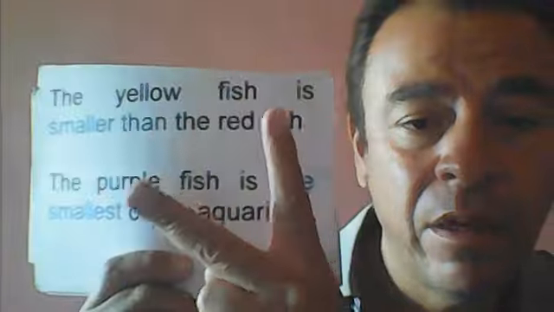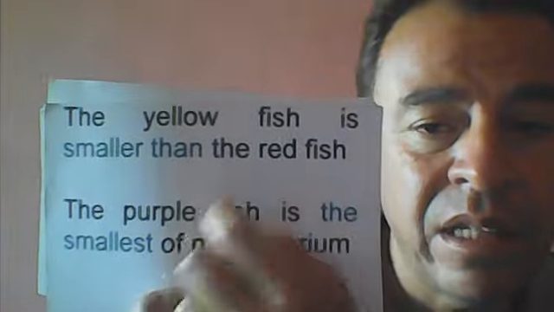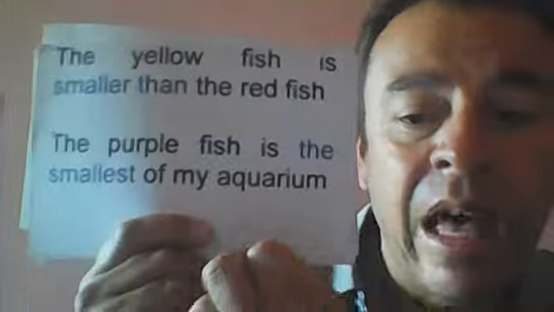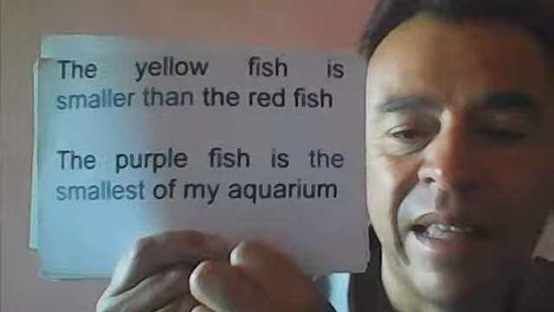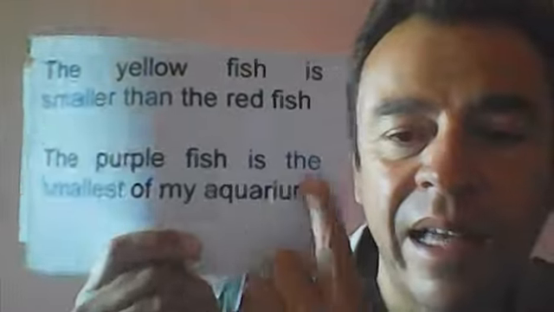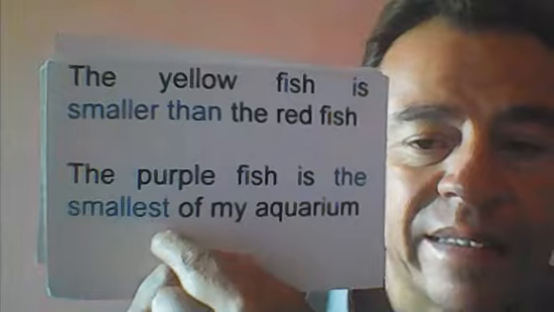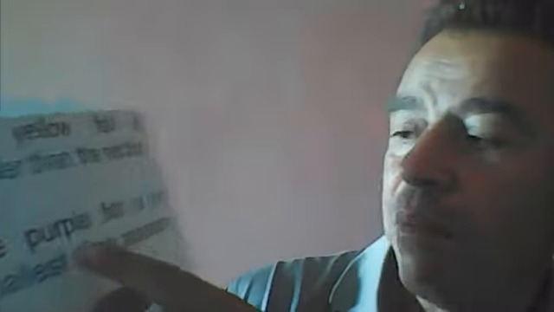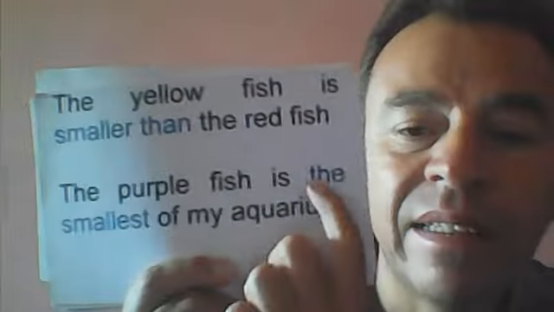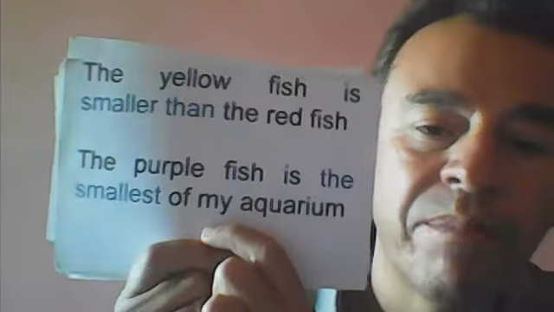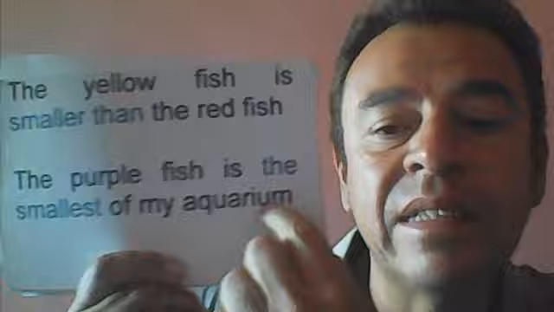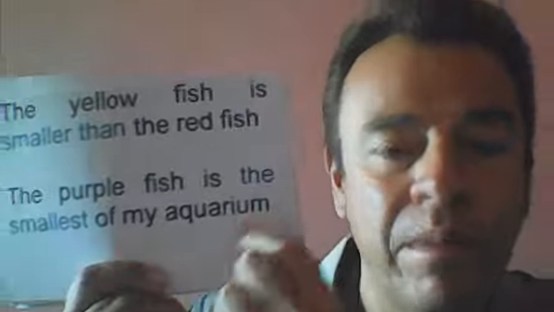So we have two fish, a yellow fish and a red fish. And you make a superlative sentence adding article the and est at the end of the adjective. For example, the purple fish is the smallest of my aquarium.